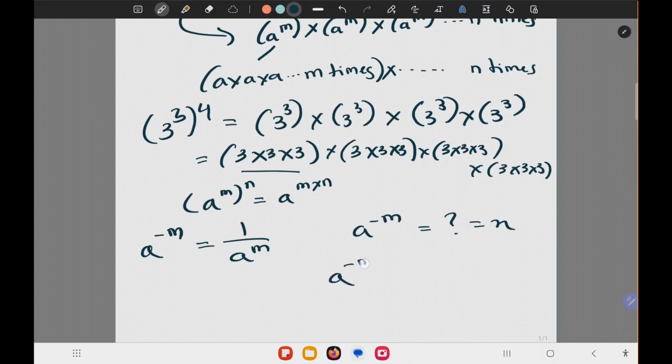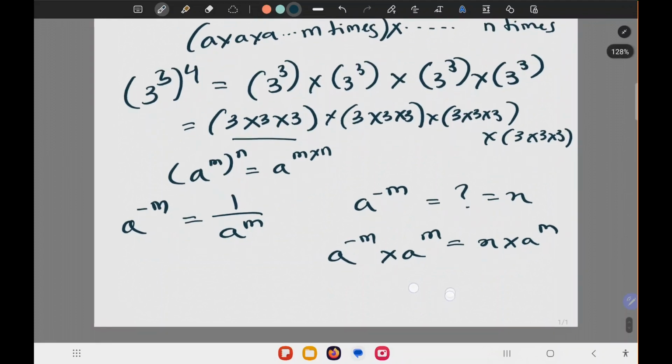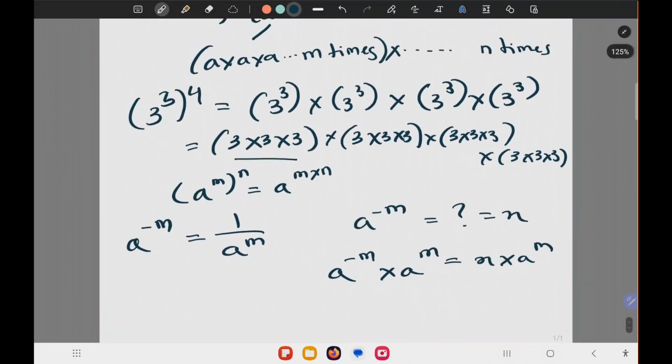So a to the power minus m into a to the power m is equal to x into a to the power m. Now if a is not 0, a to the power m will not be 0, and we just need to assume that for now. I'll actually prove that in a later video.